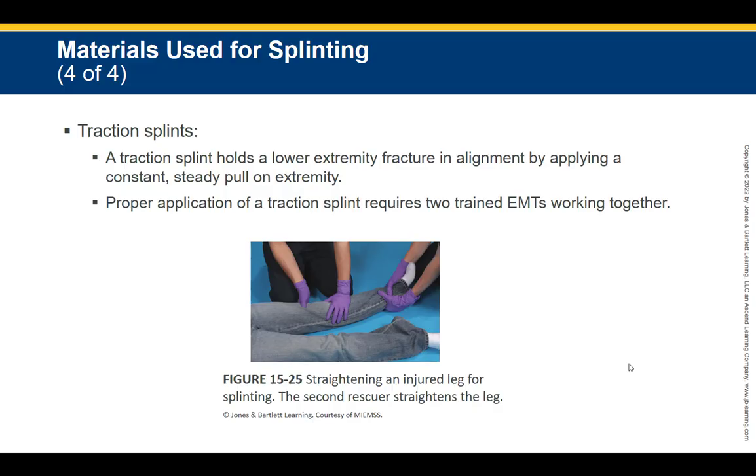Now, the one thing that we haven't talked about, and it's hard to watch it done here, is a traction splint, for the femur. Now, your slide says two trained EMTs. The state of Michigan allows EMRs to do this. So I want you to know that this is typically an EMT skill outside of this state.